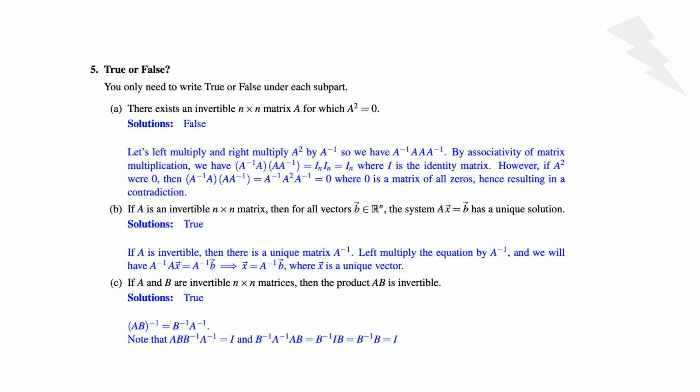So when you multiply your AB times your B inverse A inverse, it turns into A times B times B inverse times A inverse. And then by grouping terms, you get B and B inverse as an identity and A and A inverse as an identity. And so that just ends up giving you the identity matrix. And when you multiply two matrices together and you get the identity matrix, that means one matrix is the inverse of the other. So that essentially shows us the solution here, and it is true.